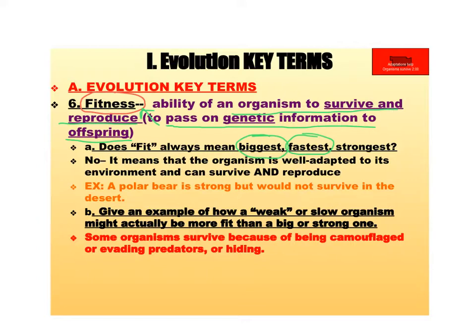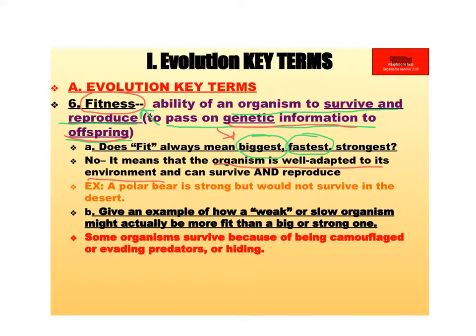So the bigger you are, the better chance you are going to mate and pass your genetic information on to your offspring. But fit doesn't always mean biggest, fastest, strongest. It just means who is most well adapted to its environment.